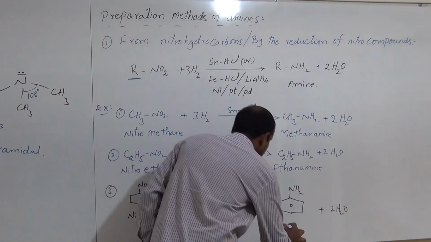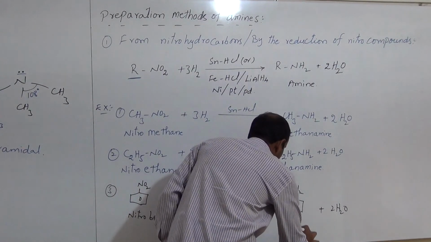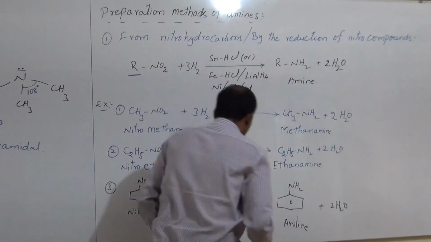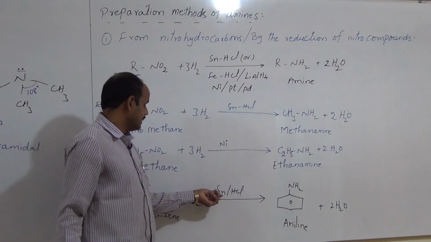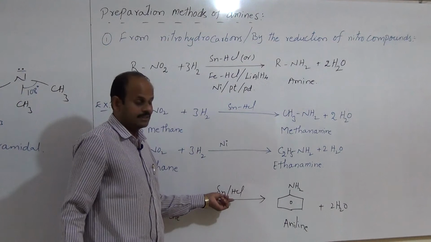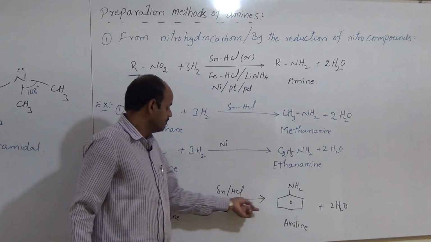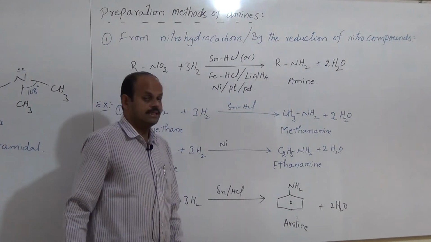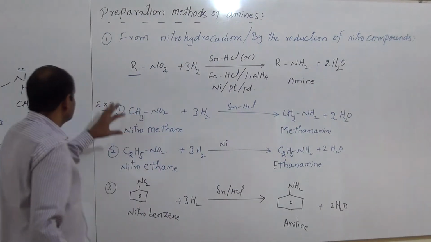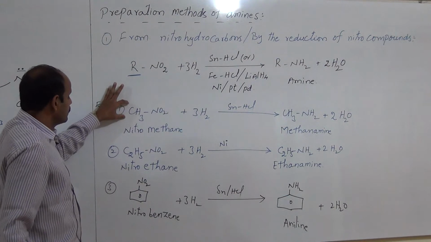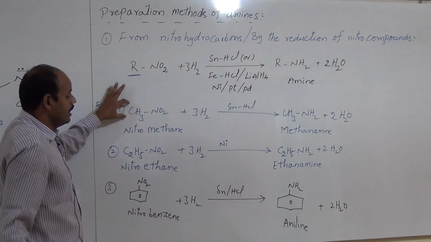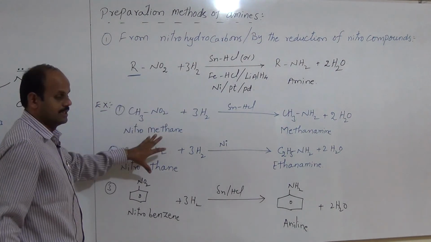Thus we get aniline. Thus nitrobenzene undergoes reduction with the reducing agent Sn/HCl or Fe/HCl or lithium aluminum hydride to form aniline. By this method we can prepare primary amines from nitroalkanes or nitrohydrocarbons by reduction.